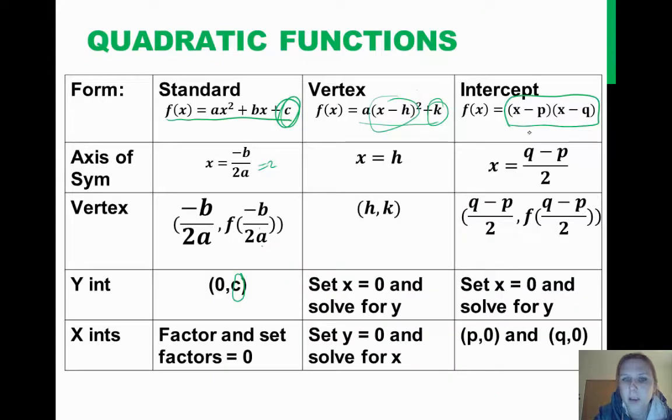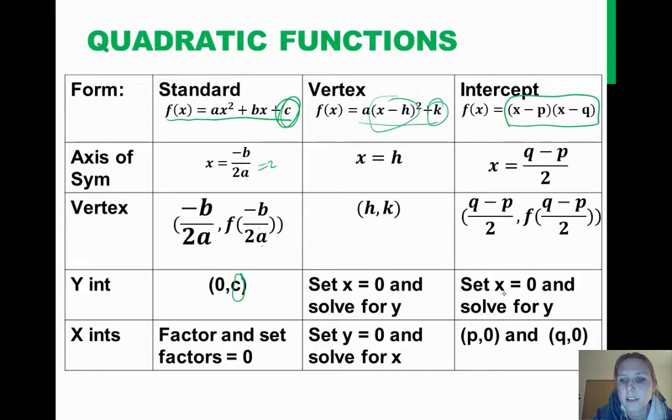So the axis of symmetry is x equals p plus q divided by 2. Once I have that x value, I can, like the first one, plug it back in to my original formula to find the y value.